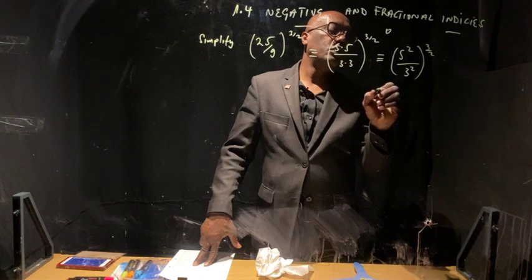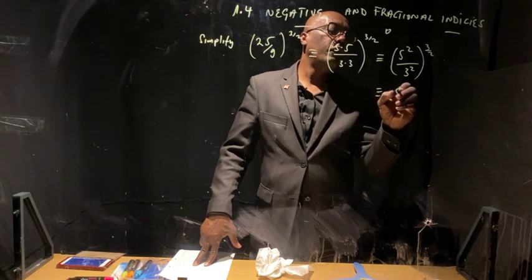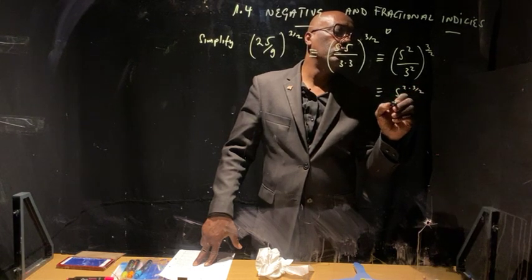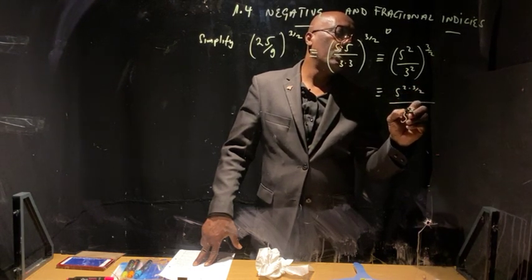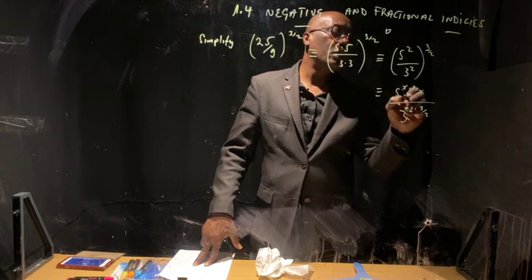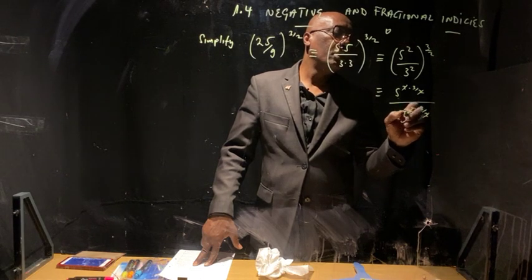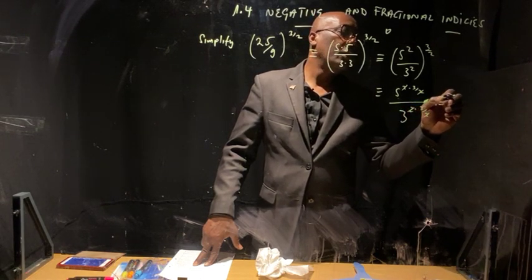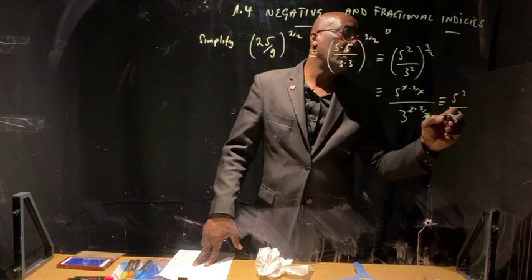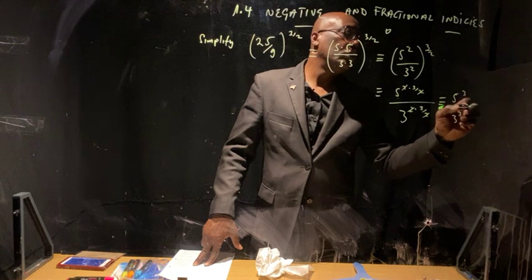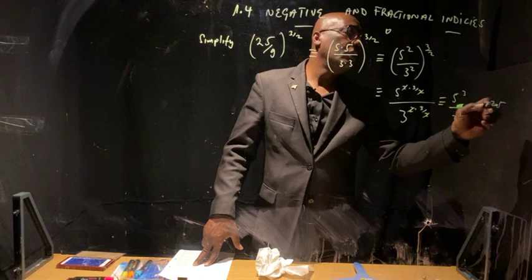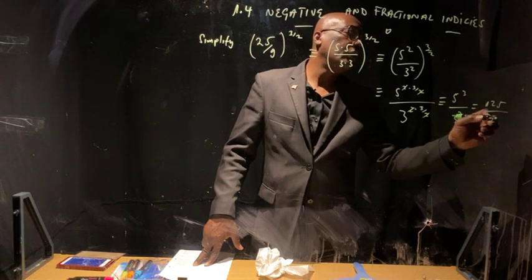The indices multiply and cancel, so you are left with 5 raised to the power 3 over 3 raised to the power 3, which is 5 times 5 times 5, 125, over 3 times 3 times 3, 27.